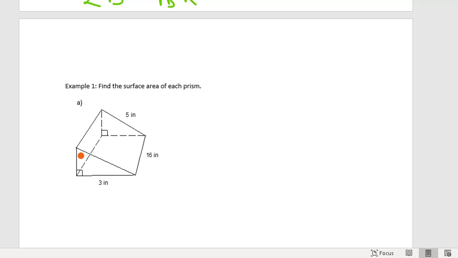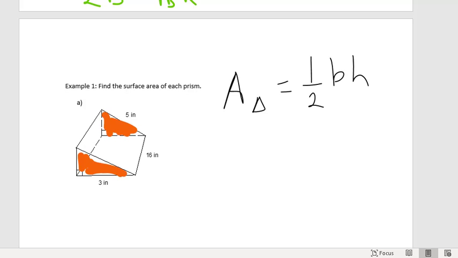Okay, this one is a triangular prism because it has 2 triangles. All right, so the area of the triangle is 1/2 of the base times the height of the triangle. So in this, we know one side is 5, that's the hypotenuse, one leg is 3. It is a Pythagorean triple, so this would have to be 4 inches. These are not drawn to scale.